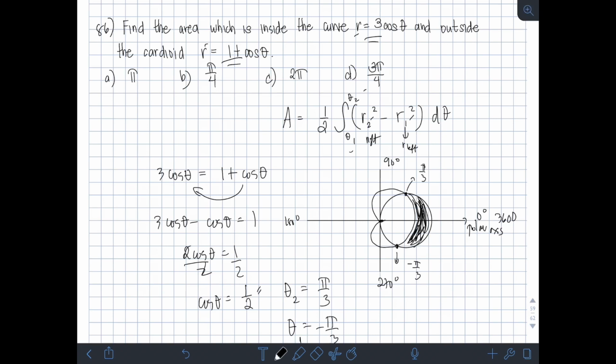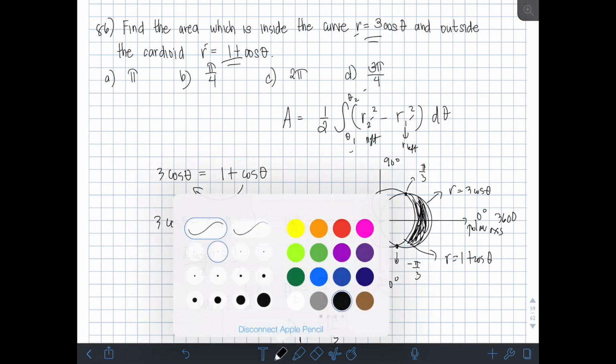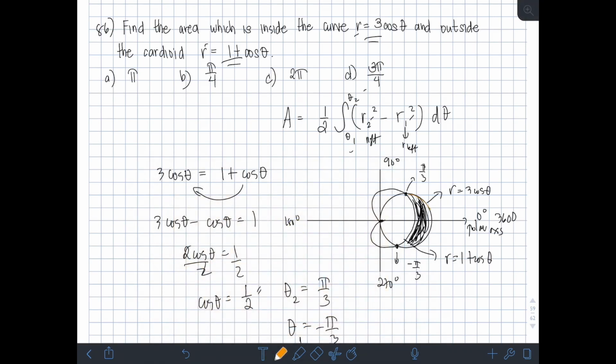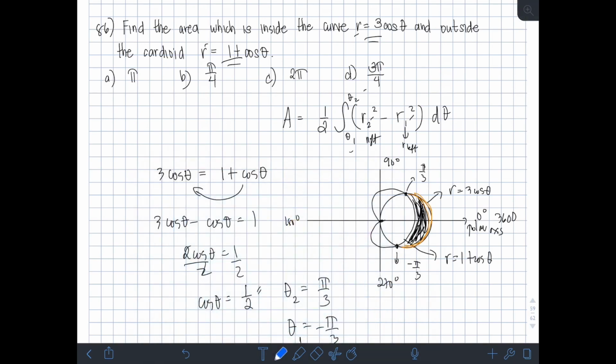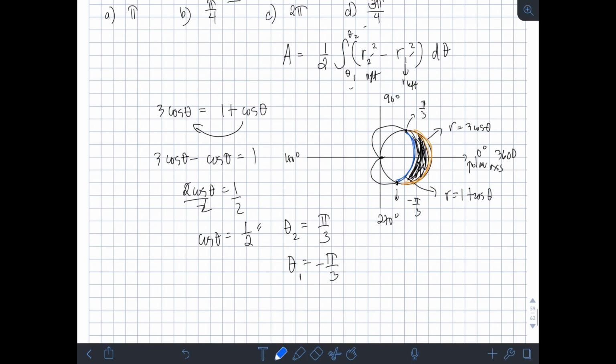Okay? So, ito yung equation ni r equals 3 cosine theta. Ito yung equation ni r equals 1 plus cosine theta. So, sino ngayon dito si r right? At sino si r left? So, obviously, itong r equals 3 cosine theta yung r right. Tapos, itong r equals 1 plus cosine theta yung r left. Okay? So, pwede na nating i-plug in sa formula.